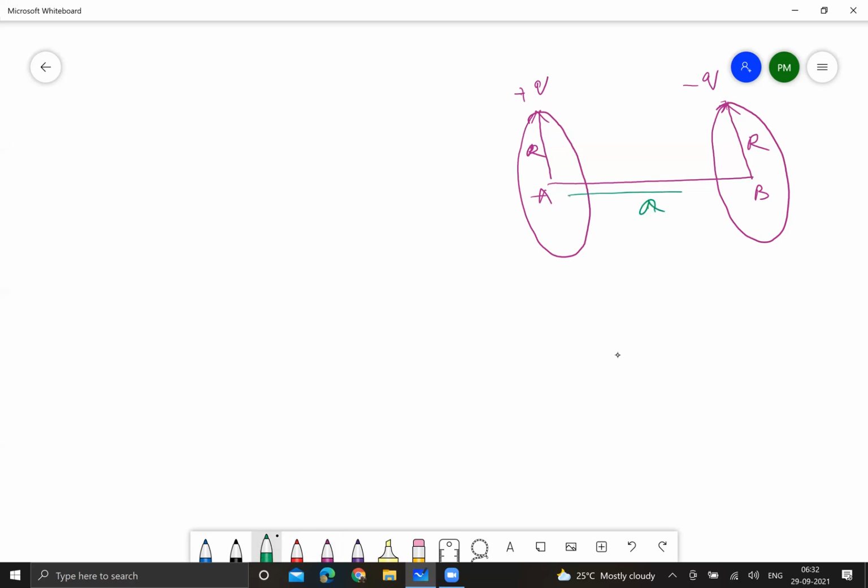Find the potential difference between the centers of the rings, separated by the distance a.